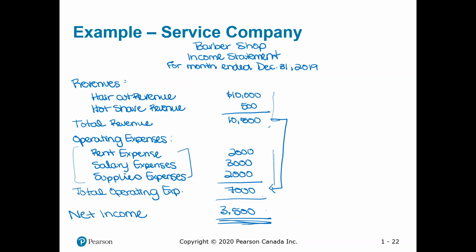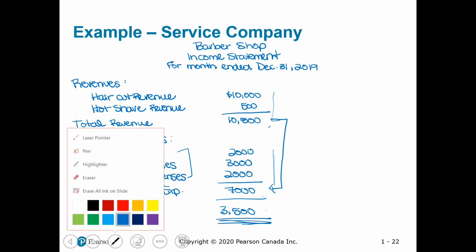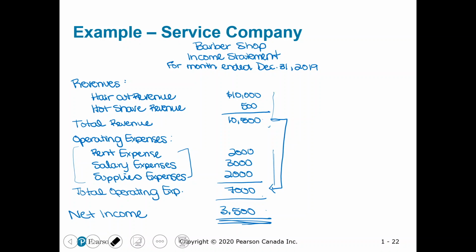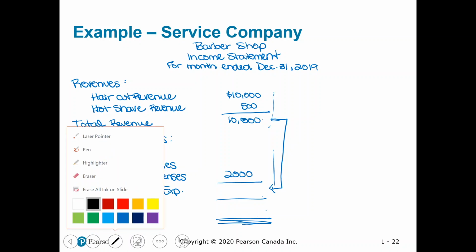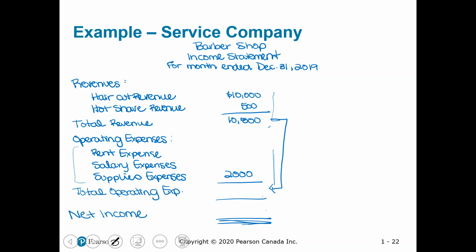But I also want to just quickly erase a couple numbers and change our example here. So we'll erase these two. So let's imagine now that the landlord increased our rent and it actually ended up being $5,000 for rent. And the barbers, they went on strike, they demanded more money, and salaries ended up going up to $4,000. So now our total operating expenses are $11,000.